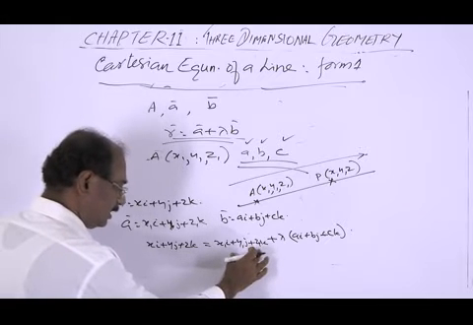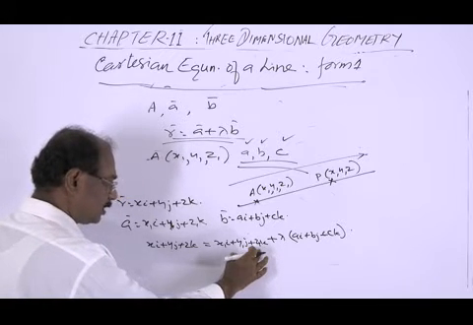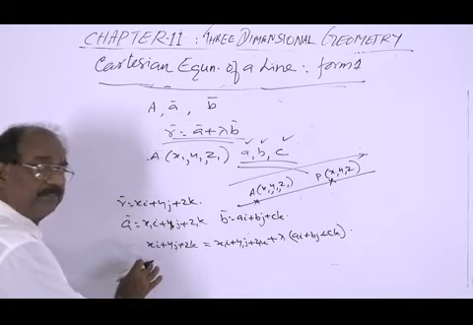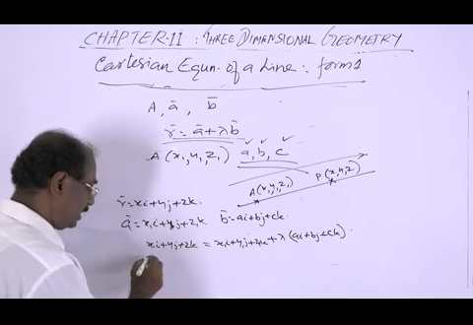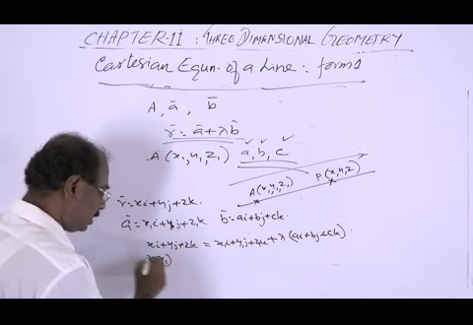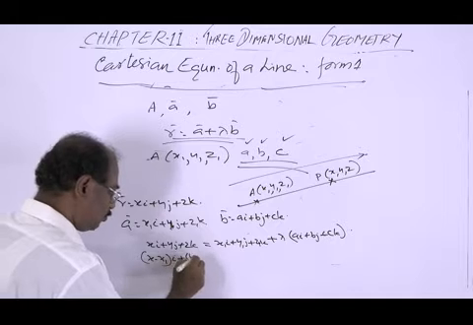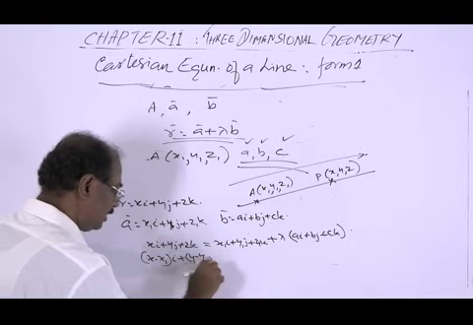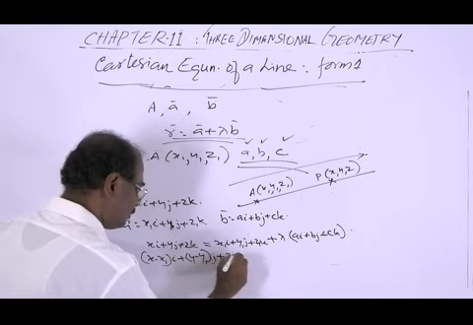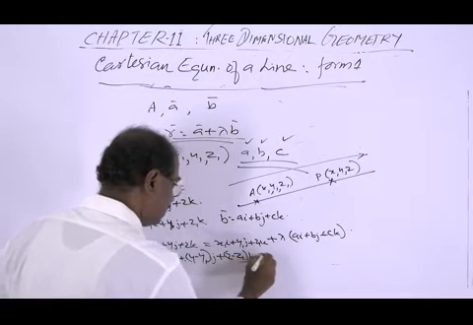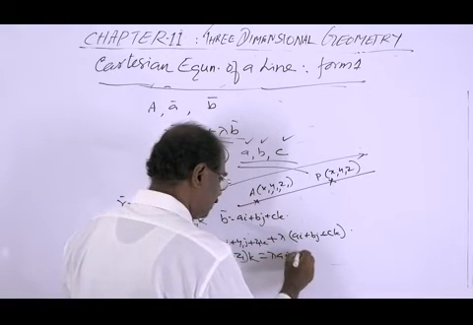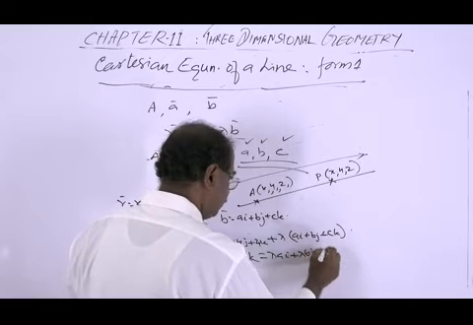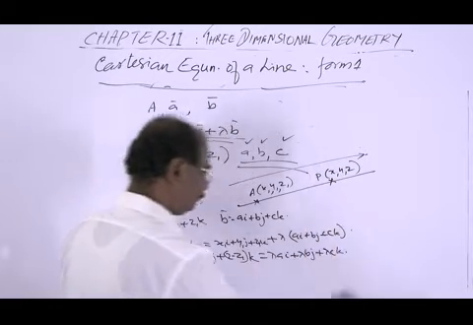Transposing x1i plus y1j plus z1k to the left and combining corresponding terms, we get x minus x1 into i plus y minus y1 into j plus z minus z1 into k, which is equal to lambda ai plus lambda bj plus lambda ck.